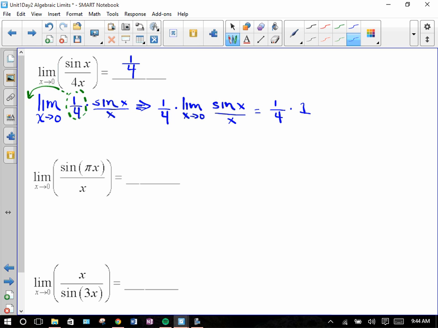Okay, so this kind of looks like sine x over x, correct? But there's a pi in here. Now, the issue with this is, okay, well, let me just ask you, what do you think we might do?